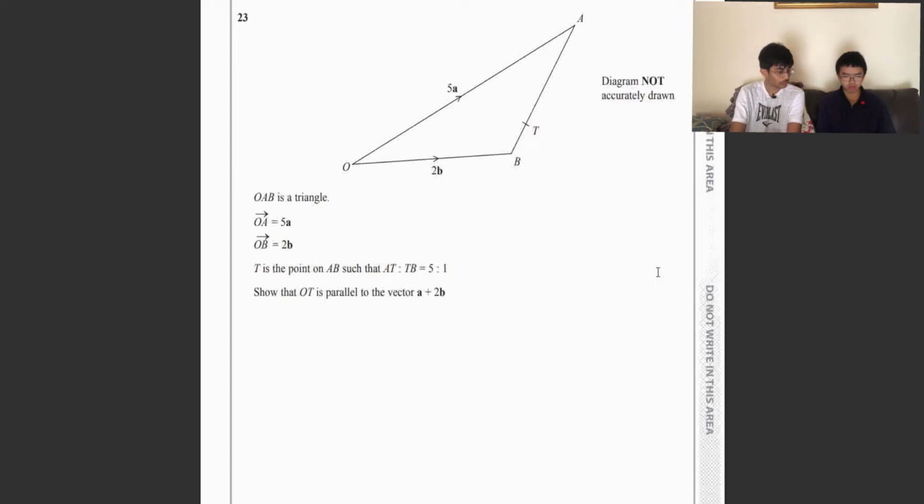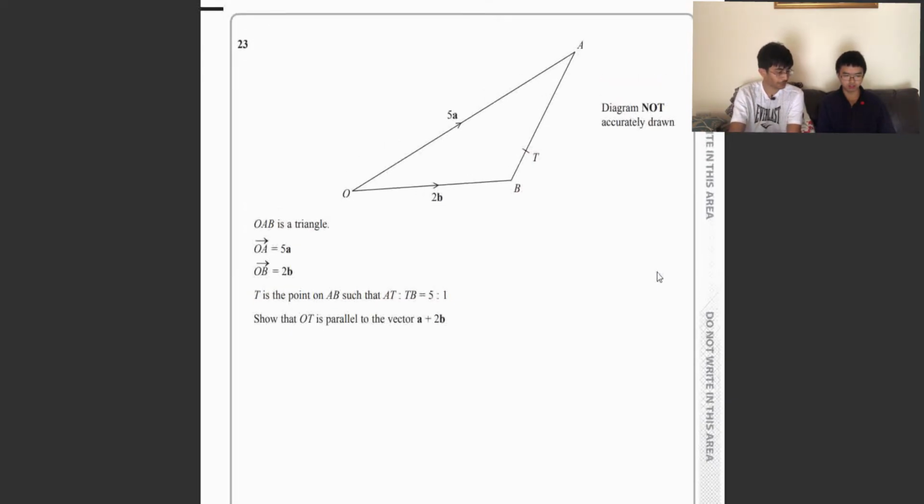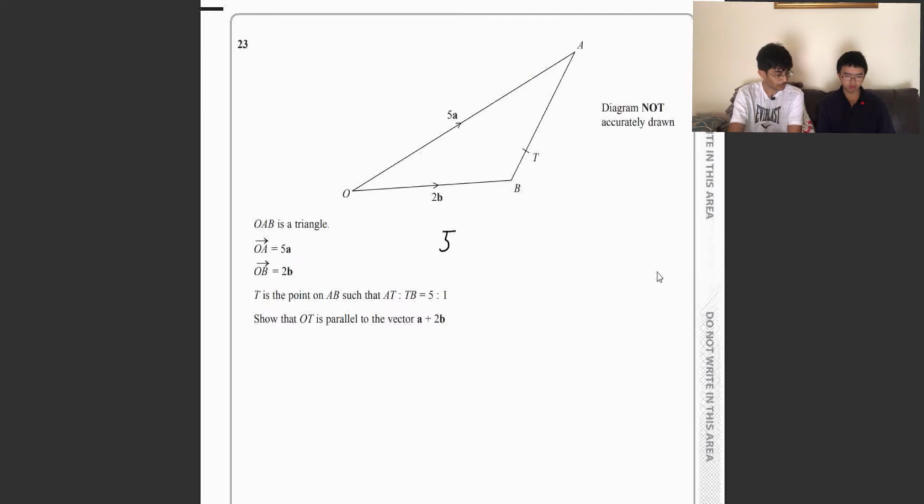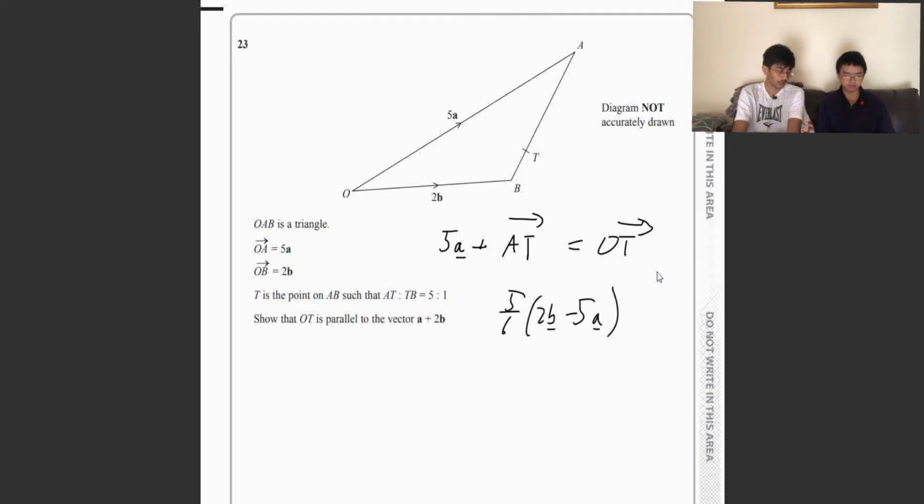So if we think about how we can get to OT, well, we can go 5A plus AT. That's equal to OT. And now AT is 5/6 of AB. And to go from A to B, it's 2B minus 5A. So that is what AT is equal to.